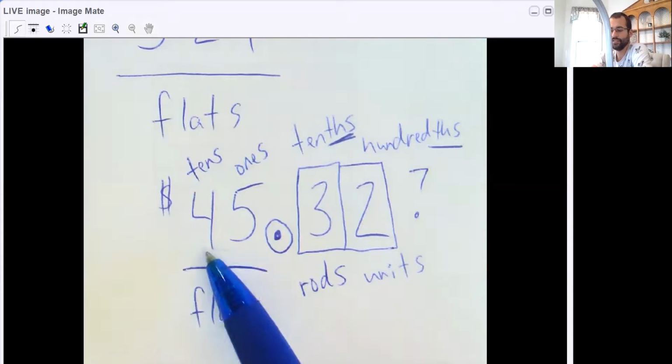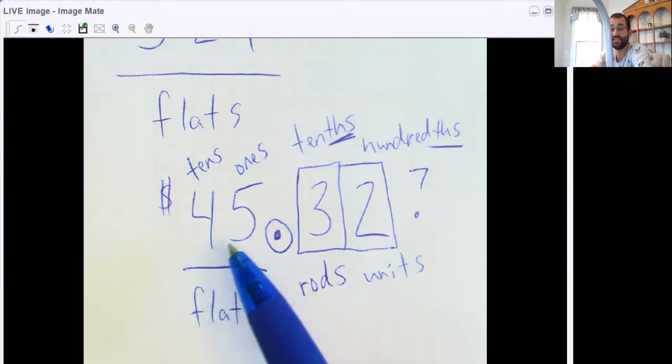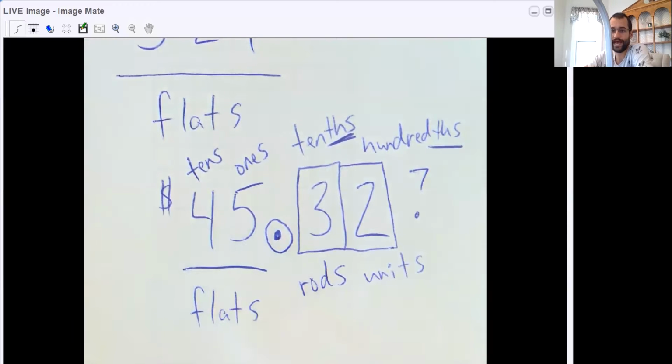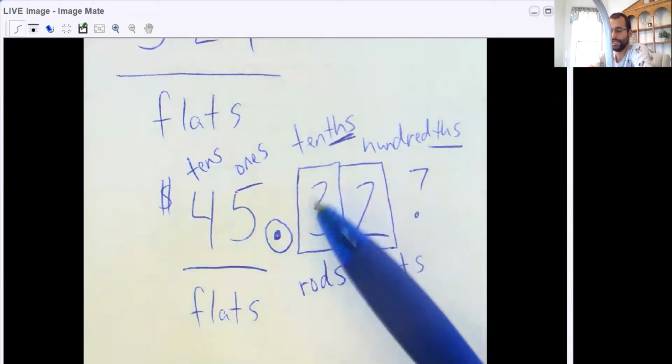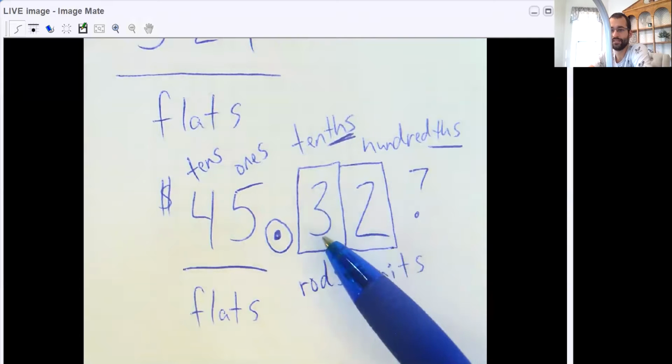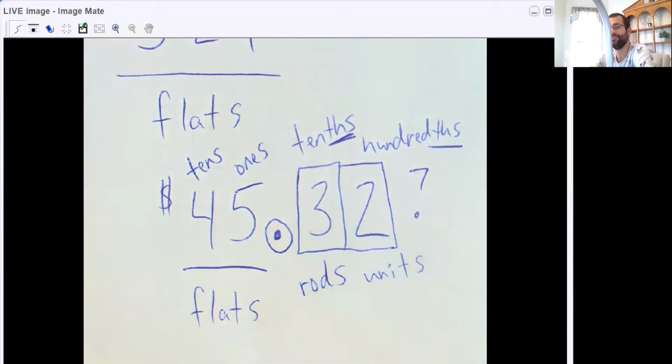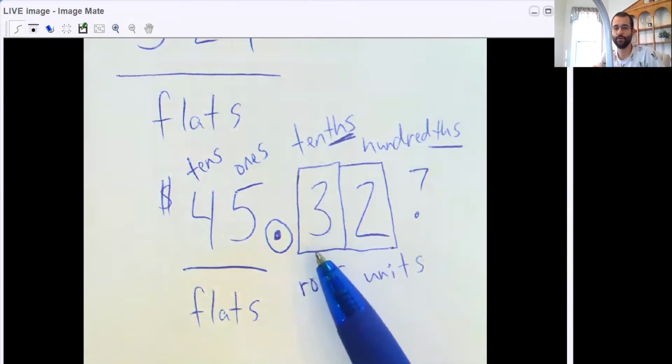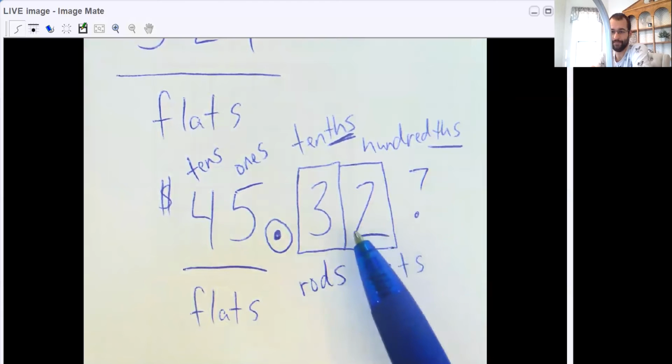Well, if these are flats and wholes, think of a flat as like $1, okay? This would be $45 or 45 flats. My place to the right of the decimal is smaller than dollars, okay? So my place that's smaller is going to be like dimes. So imagine this with money.